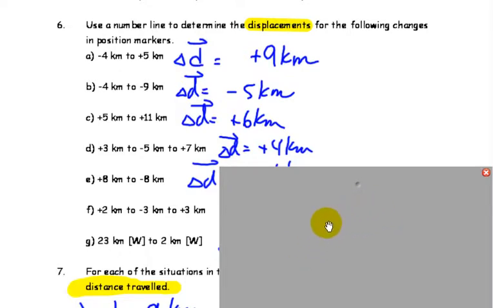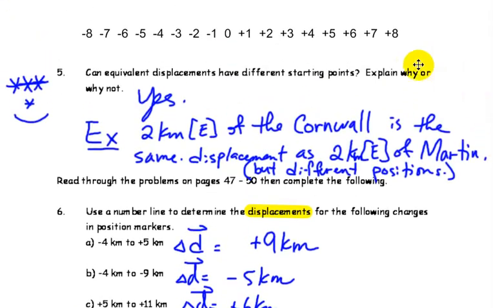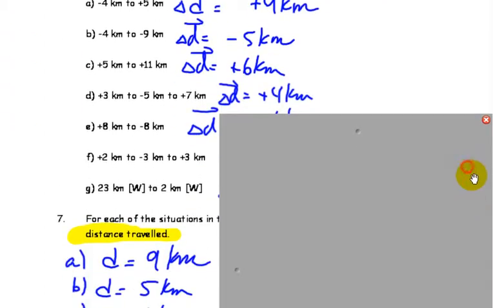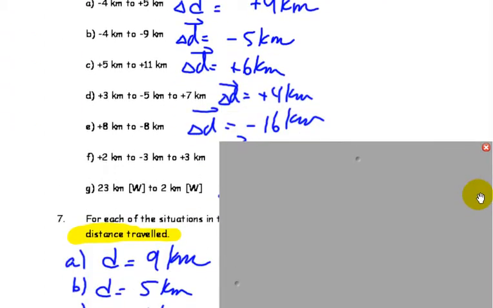Okay, if you had a chance to do this, going from +8 to -8. So positive 8 to negative 8. So 1, 2, 3, 4, 5, 6, 7, 8, 9, 10, 11, 12, 13, 14, 15, 16 in the negative direction. So negative 16 clicks. F is similar to D, went from positive 2 to negative 3 to positive 3. You started here, you did this, you ended up here.